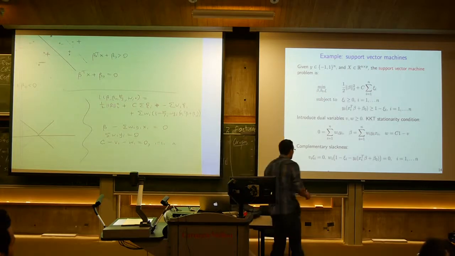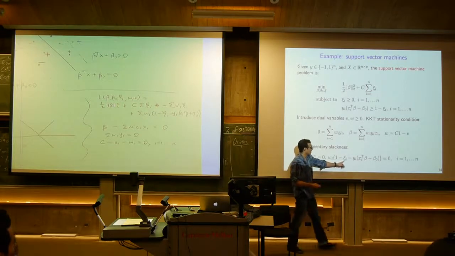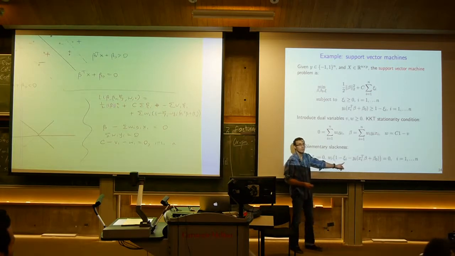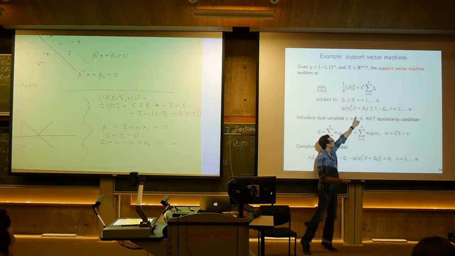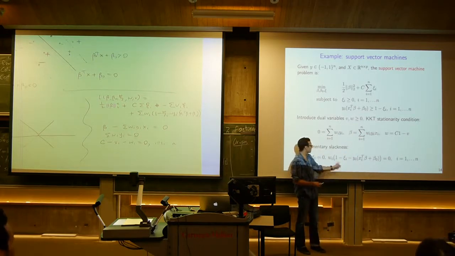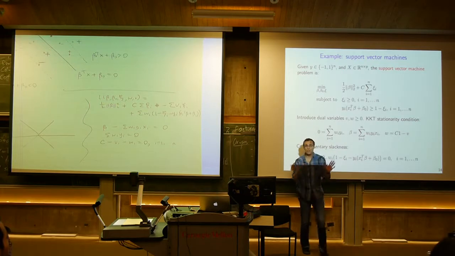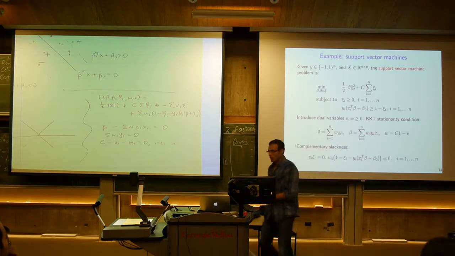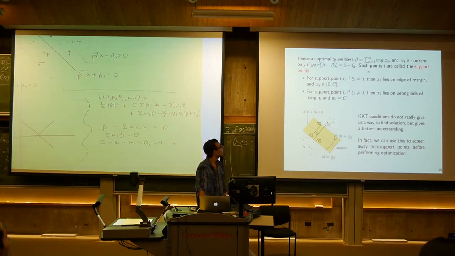And we can see that, for example, when the slack here is loose, if we have a strict inequality up there, that forces w_i to be 0, which turns that point into a non-support point. So it doesn't matter at all in terms of defining the solution. Here I'm just repeating what I said. At optimality, we have this relationship: w_i is non-zero only when this is true.